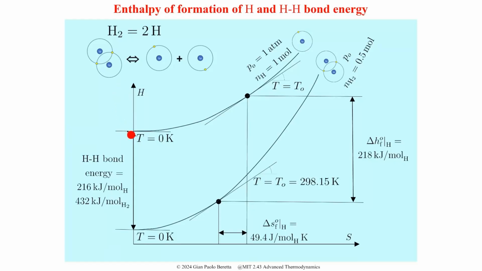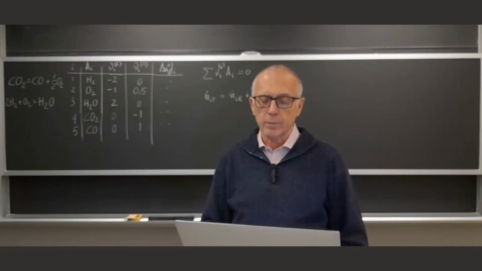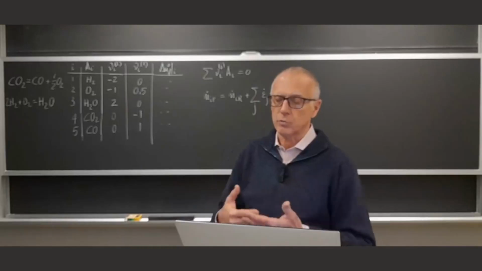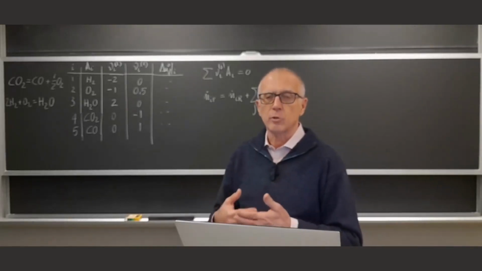It didn't matter. But now instead, what matters is the fact that with a chemical reaction mechanism, you can go from one substance to the other. So you cannot arbitrarily choose reference values for the properties for both.